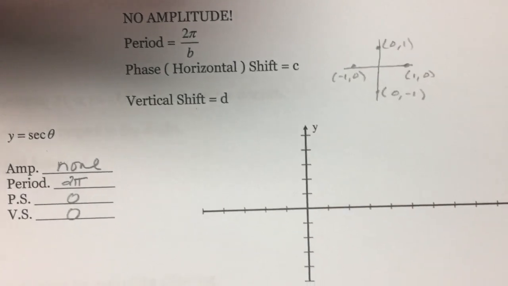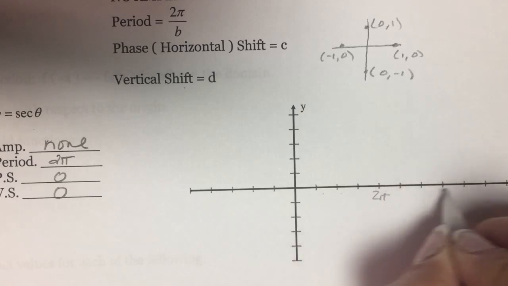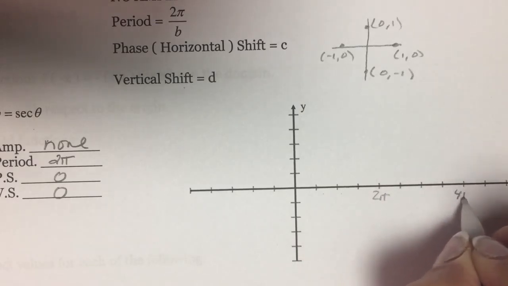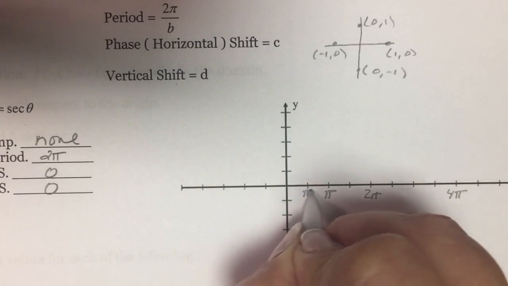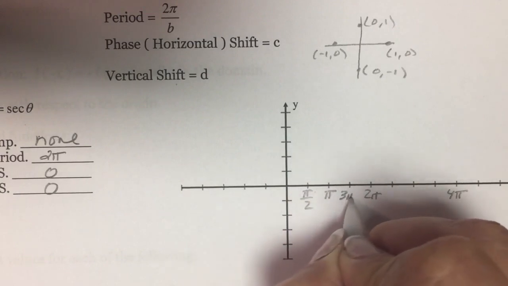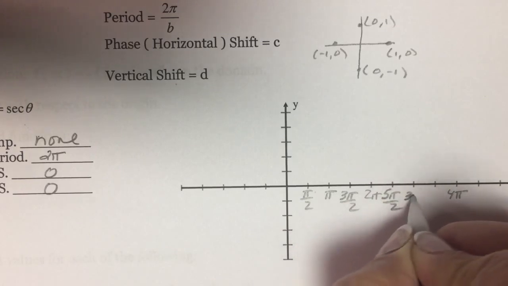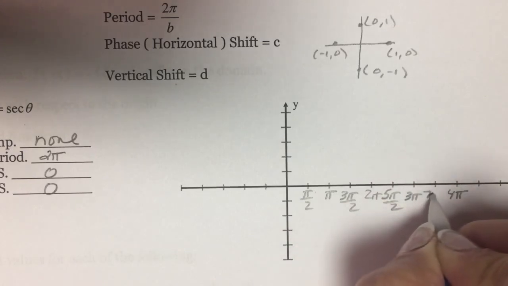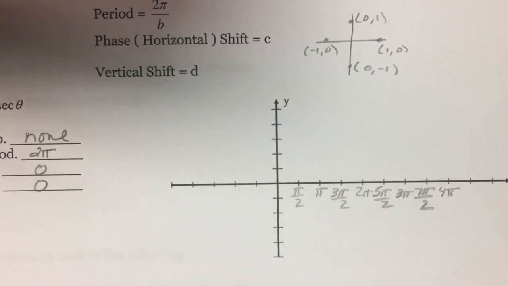Okay, so since the period's 2 pi, we're going to go out 4 spaces, 2 pi, another 4 spaces, and we'll have 4 pi, and mark all of our quarter marks. So you should be experts at this by now. You could do it in your sleep, so I'm not going to talk all about it because you can pause the video while you catch up if you need to.